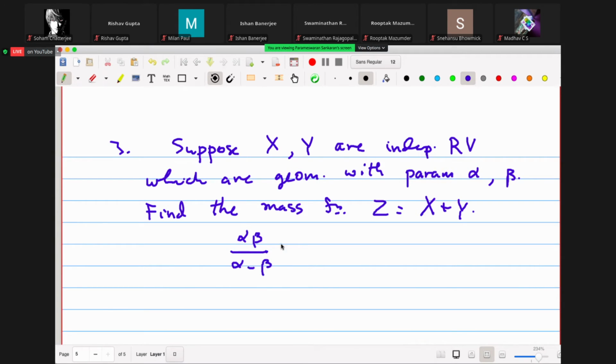Alpha minus beta, times the mass function f_Z(z), involves (1 minus beta) power z minus 1, minus (1 minus alpha) power z minus 1.